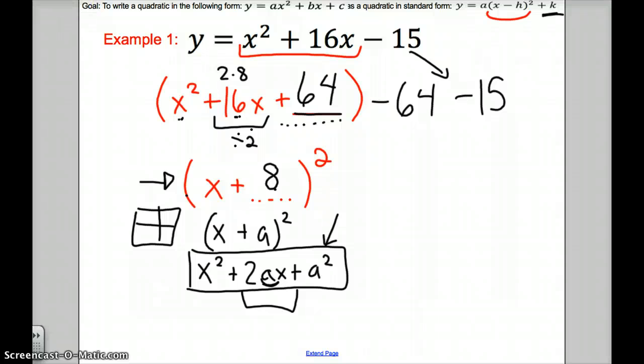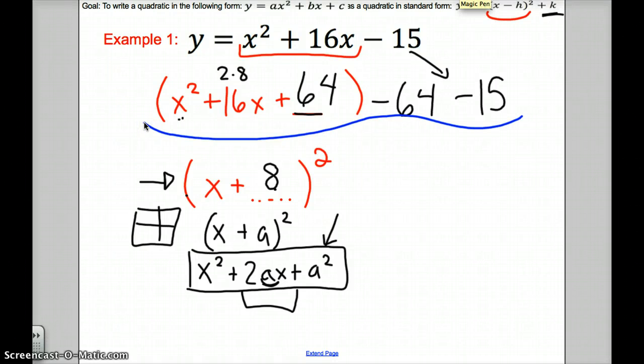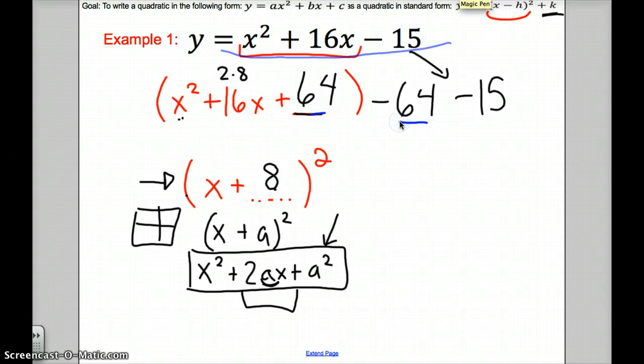So this is equivalent. So let's take a look at what we have here. This value that we see here, all the way to the end, is equivalent to the original. It has x squared, it has 16 x's, and it still has the minus 15 because this 64 and this 64 cancel each other out. Now, moving down.